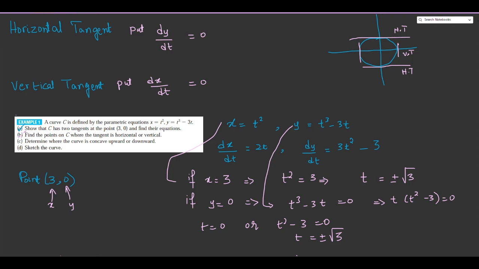So remember this thing, for horizontal tangents, we know the slope of a horizontal tangent must be equal to 0.